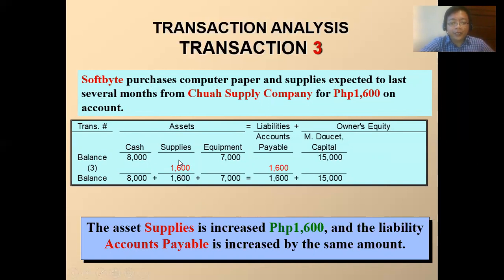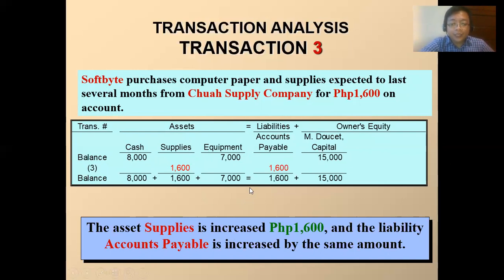But you have no cash, so it is part of your accounts payable. Accounts payable is what you owe to Chua Supply Company. So you will add supplies of 1,600 and also add liabilities of 1,600. Asset supplies is increased by 1,600, and you also have a liability or accounts payable of the same amount.